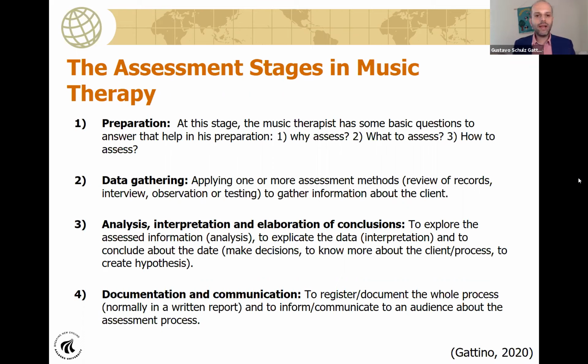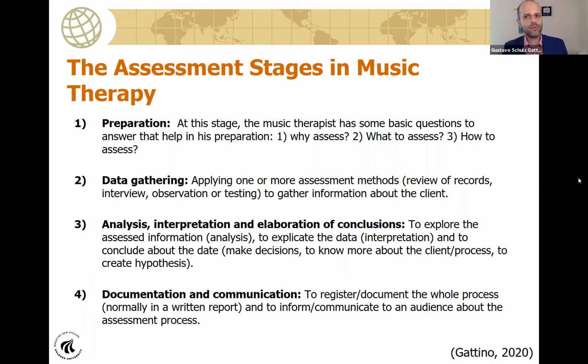We also plan exactly what will be the focus, because I can just have my focus in the person, maybe in the different goals that I'm working with this client, and also in some specific content like behaviors, the different verbal discourse and the musical parameters, for example.